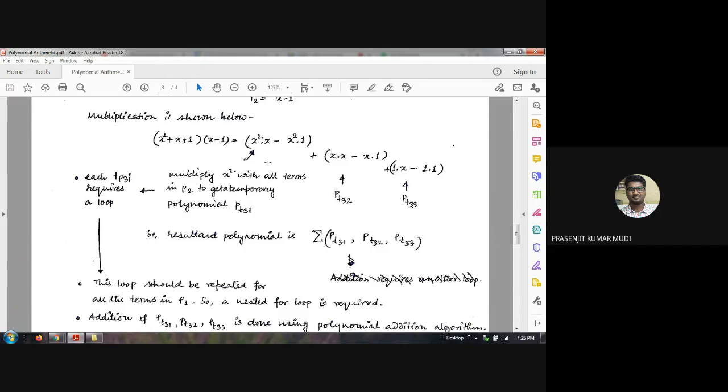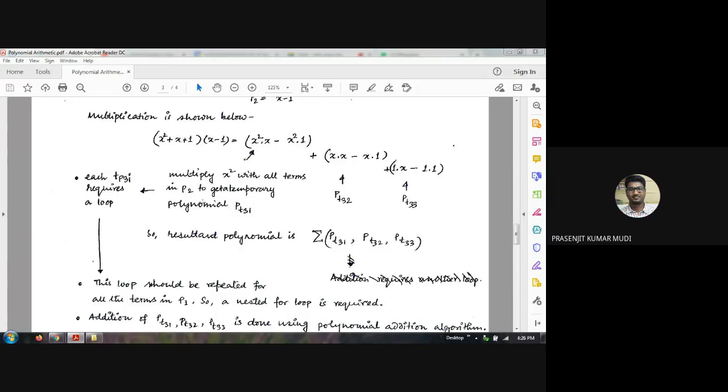And the inner for loop is supposed to construct each such temporary polynomial. So the outer for loop is running 3 times, the inner for loop is running 2 times. That's it. Total of 6 times, right? You see 1, 2, 3, 4, 5, 6.